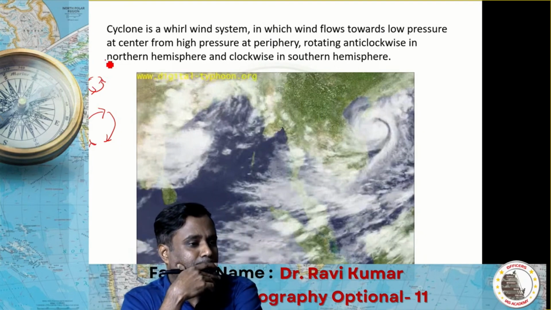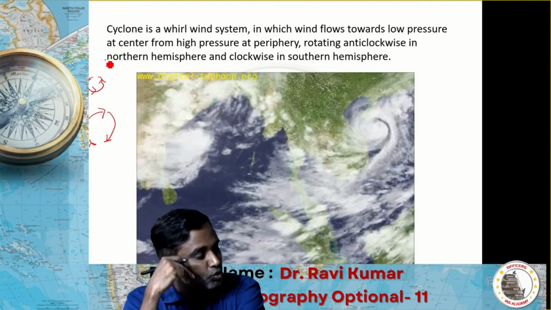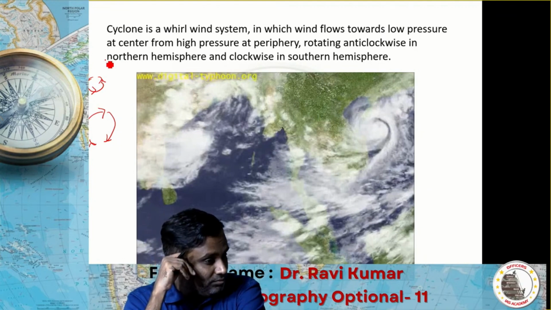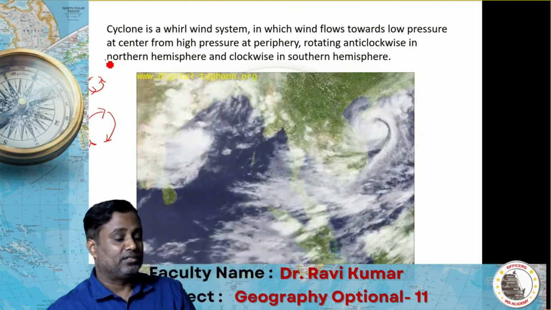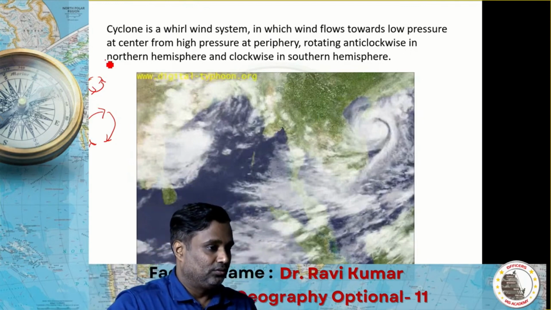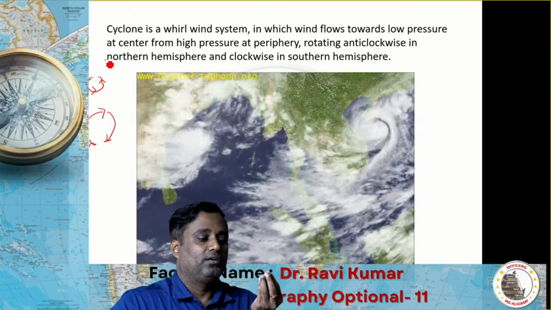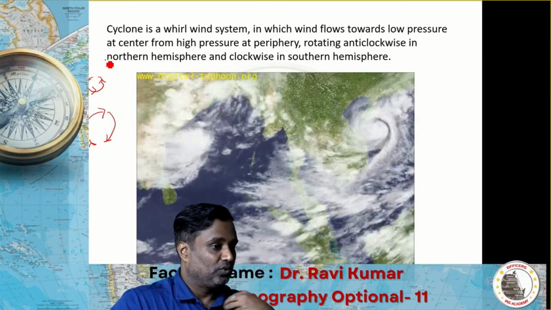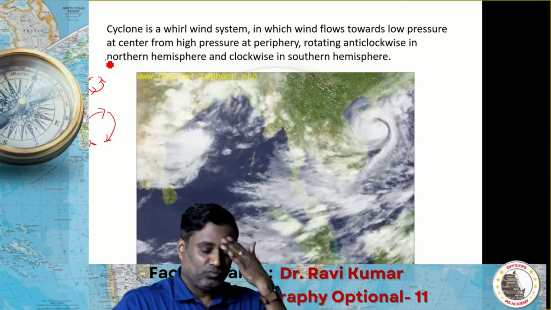How is it possible? So not only Coriolis effect, there is another force acting on it, that is called centripetal force. Centripetal force of the cyclonic system will pull the air towards the center, so it induces the anti-clockwise circulation system, not only Coriolis effect.